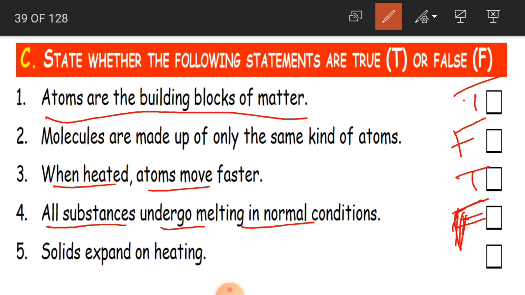If you burn a candle, it is going to melt, but it is not with every substance. The same change is not going to happen with every substance in normal conditions. So this is false. Solids expand on heating. This is true.